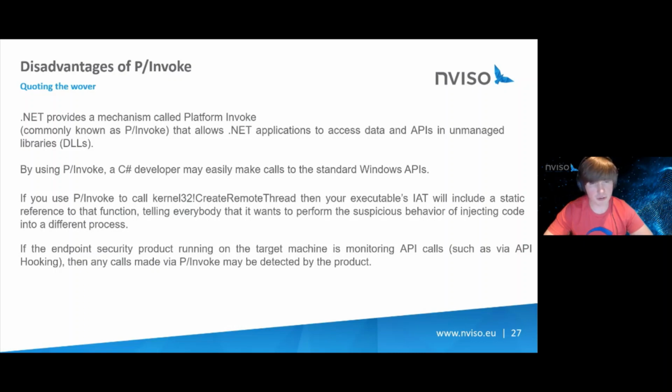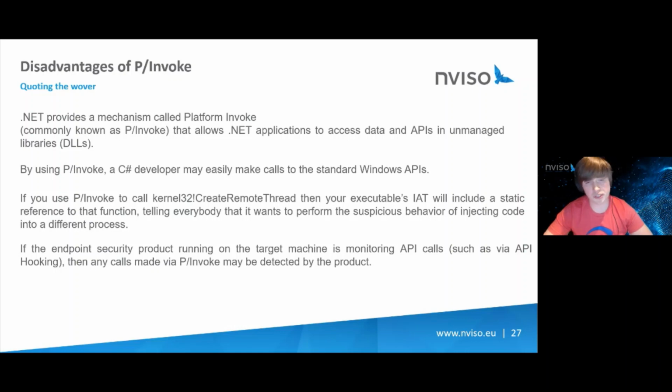By using PInvoke, a C# developer may easily make calls to the standard Windows APIs. However, if you use PInvoke to call, for example, kernel32 CreateRemoteThread, then your executable's import address table will include a static reference to that function, telling everybody that it wants to perform the suspicious behavior of injecting code into a different process.